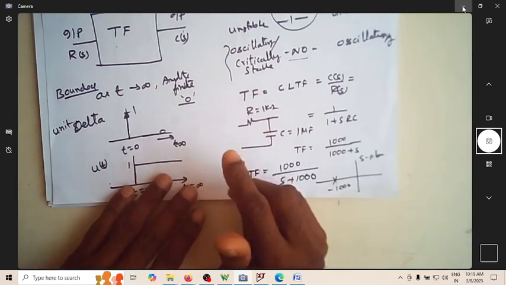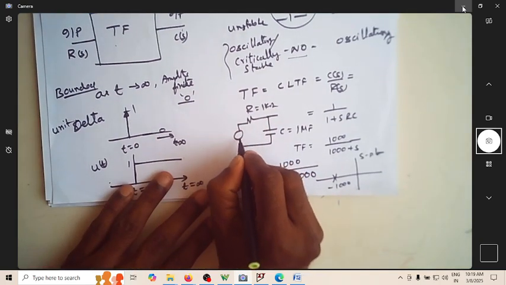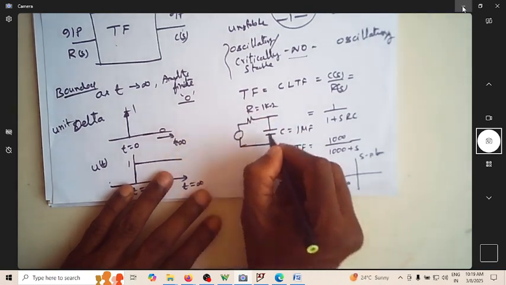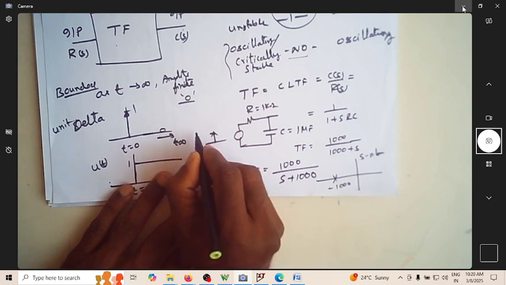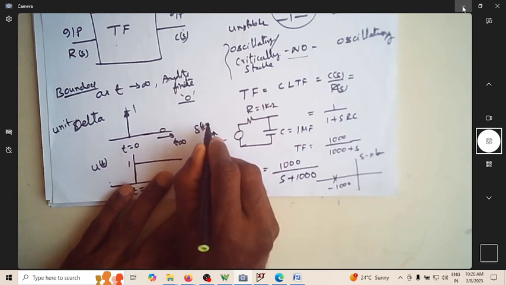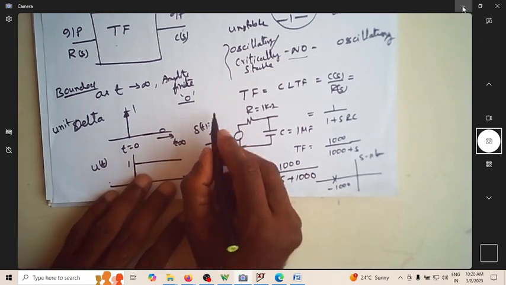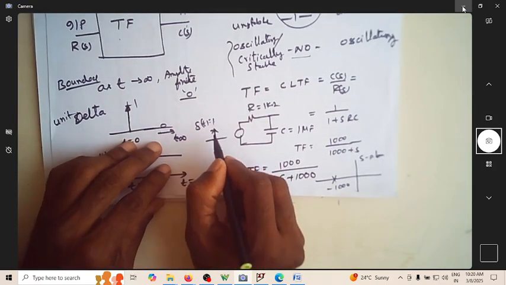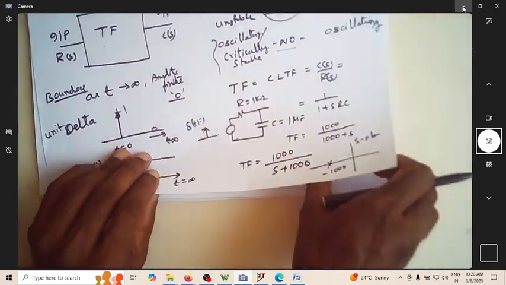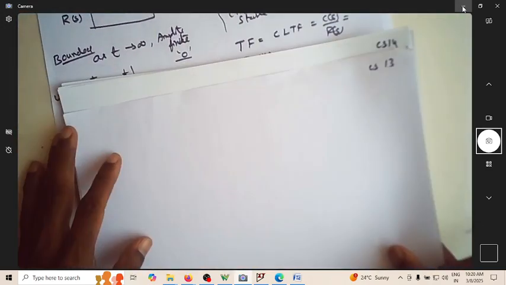Now to this system, to this control system, if I apply a delta function of unit magnitude, what happens? So let us see what that is.